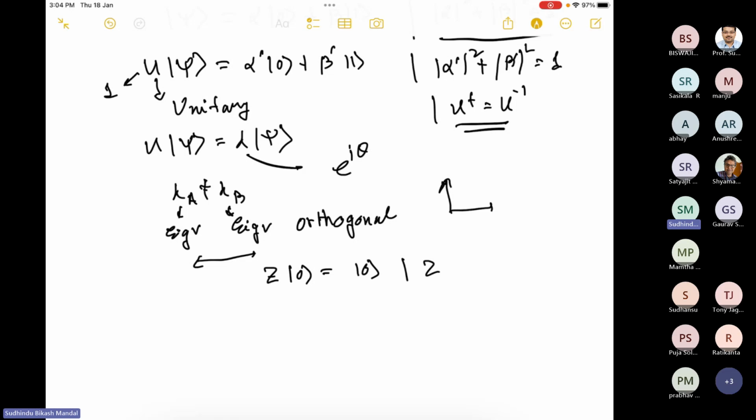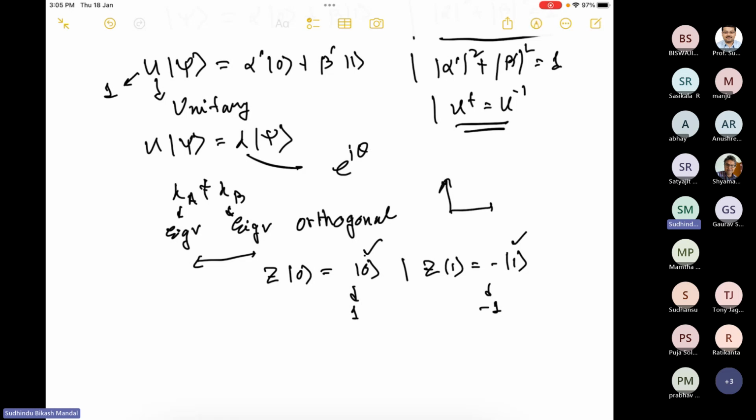If we apply Z over 1, it becomes minus 1. So what are the two eigenvalues corresponding to this? Here the eigenvalue is 1, and here the eigenvalue is minus 1. These two eigenvalues are not equal, so the corresponding eigenvectors 0 and 1 are orthogonal to each other.